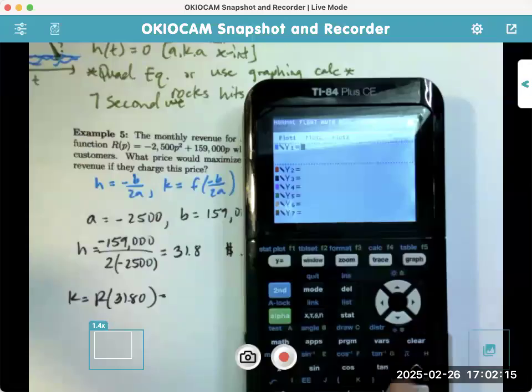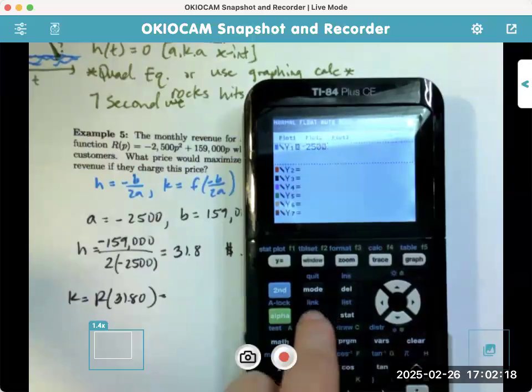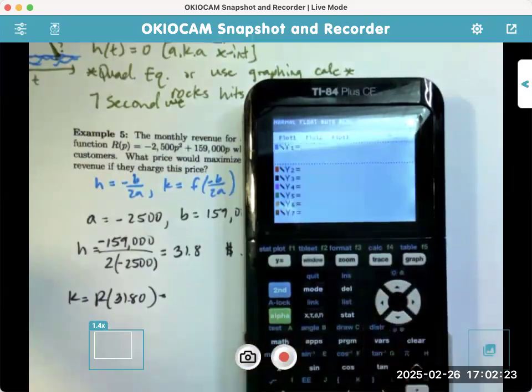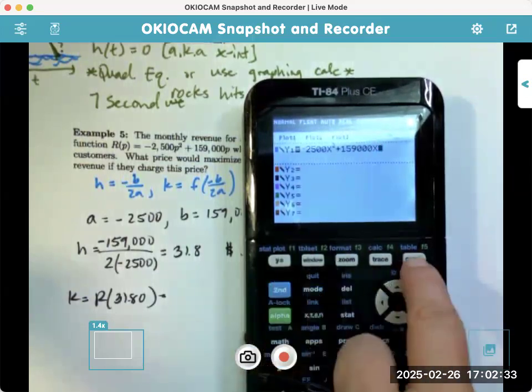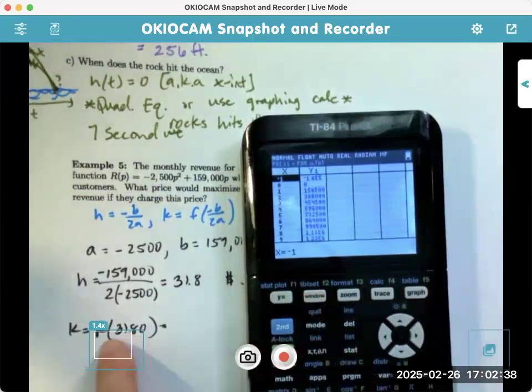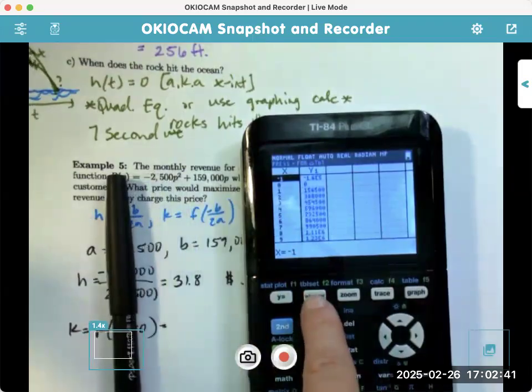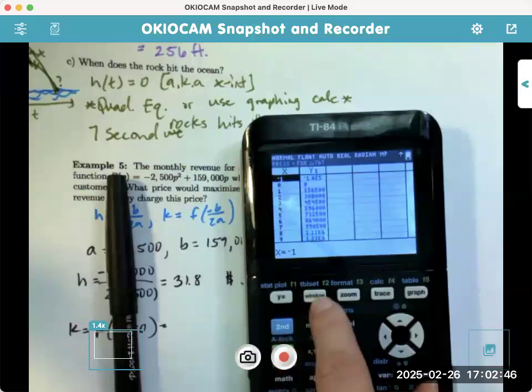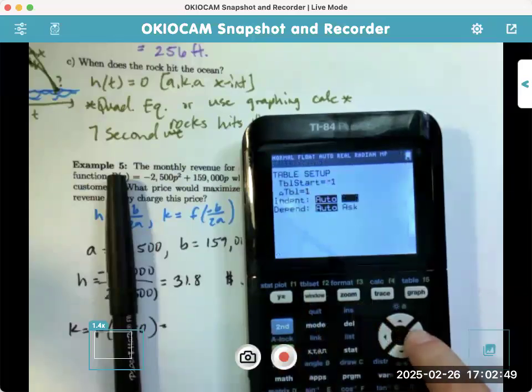Rather than putting all of that in, I'm just going to go negative 2,500 x squared plus 159,000 x. I'm going to go into the table, so second table. Then 31.80. If you go above window, it says TBL set, that stands for table set. Second table set, you just slide the independent over to ask, enter.